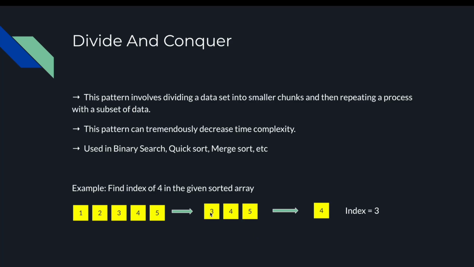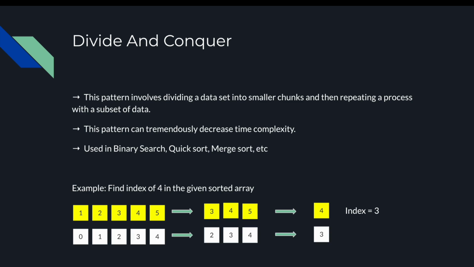To divide this part of the array, we need to find out the middle part. The middle part is 4 now. Let me mark the indexes of all these elements. Now you can see we are having all the indexes here, as we have found out that 4 is our desired value and we can get its index, and that's it. 3 is our answer, right?